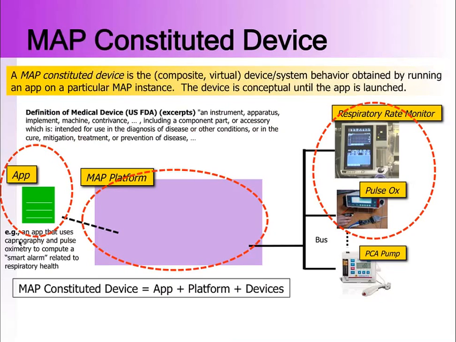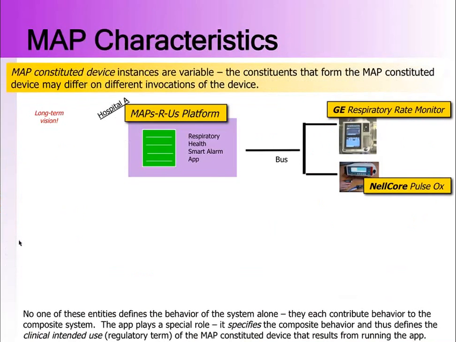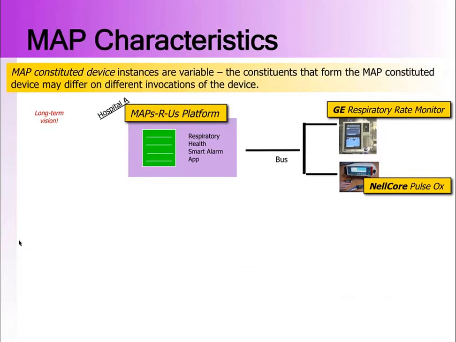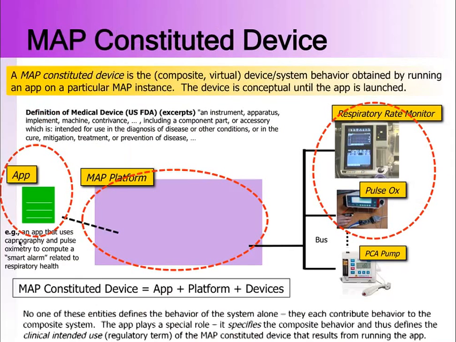The system is constructed when you take the devices, compose them with a platform, and run an app on it. That defines virtually a system whose behavior you're responsible for reasoning about the safety and security of. And so that is the challenge. I've got a little bit of a lag in the slides here. No one of these entities defines the behavior of the system alone.